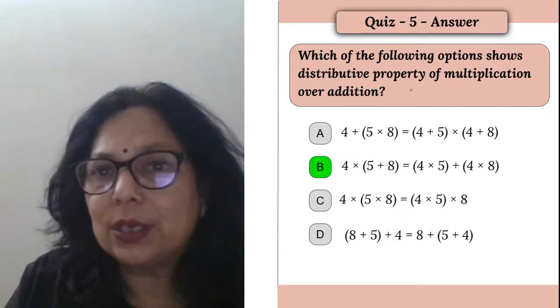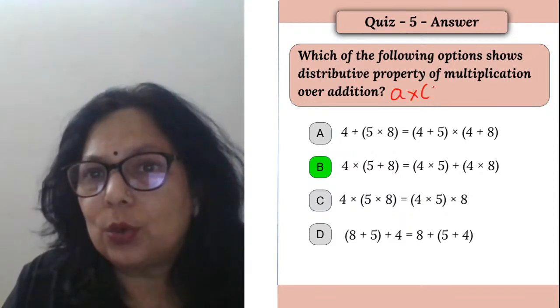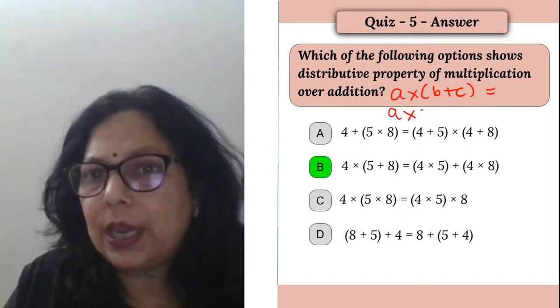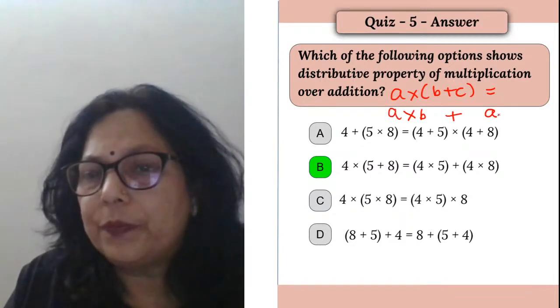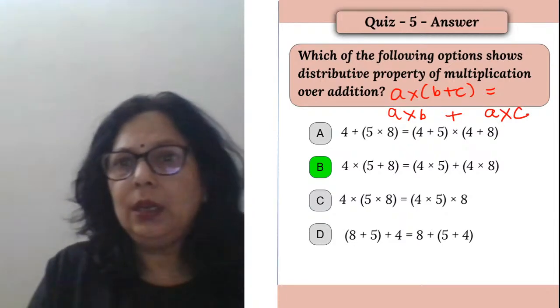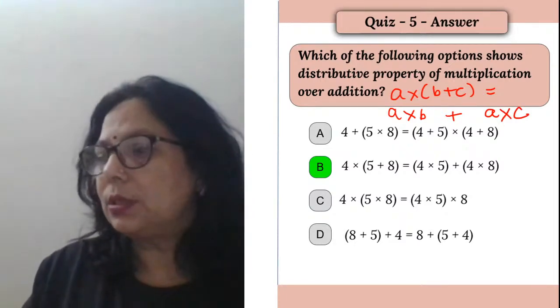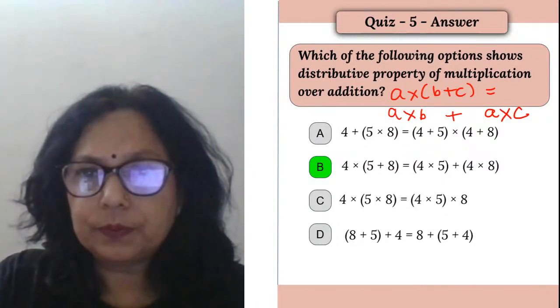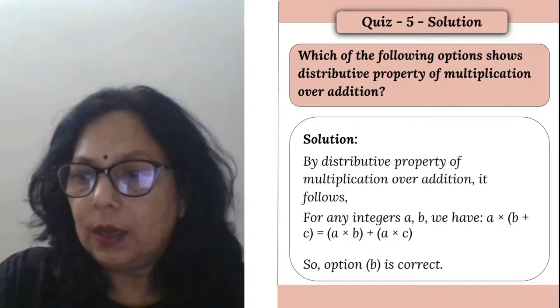Option B is correct, children. It is A into (B plus C). It will give you first A into B plus then A into C. A into B plus A into C, right? Next.